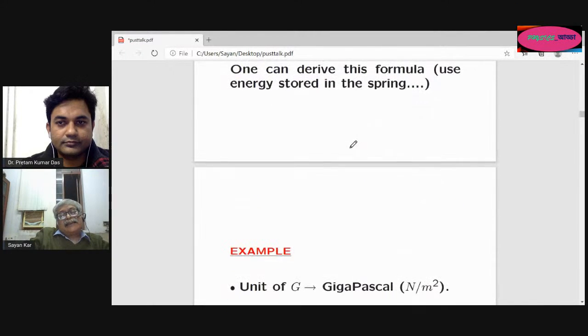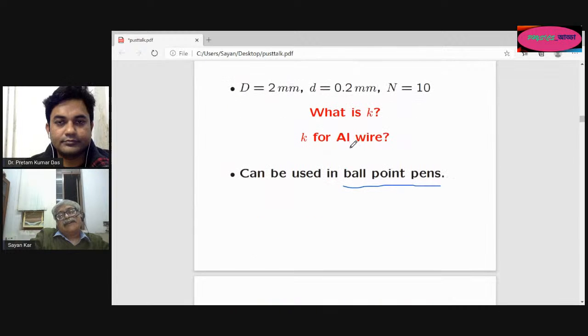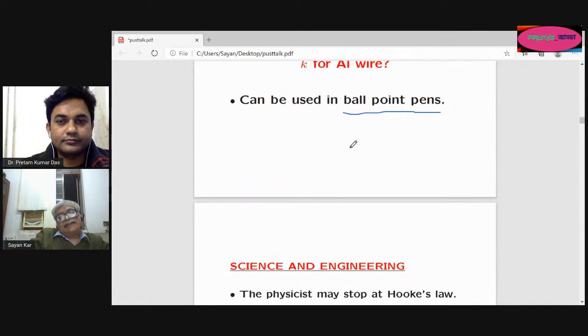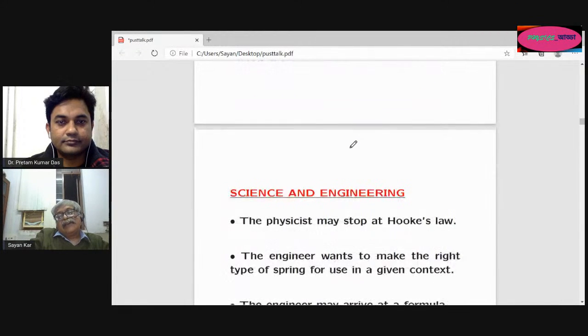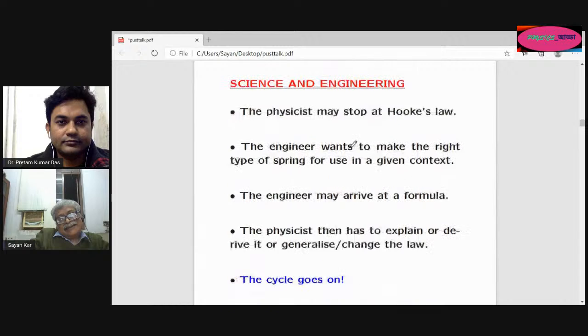Okay, so you can do this little calculation and figure out various examples. But the message that I'm trying to give you, among students in engineering as well as science, is a larger message. And that is the following.